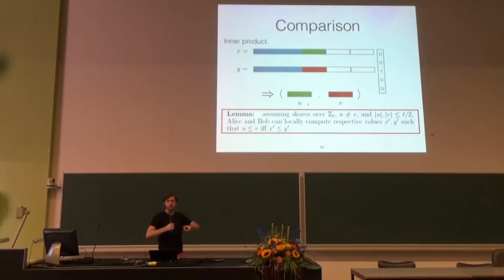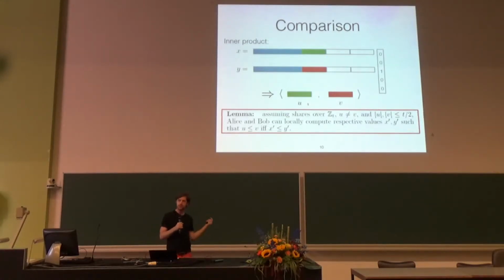We can do that because we choose the modulus in our OT protocols. And if we can also ensure that u and v will be different, which will be the case if and only if the input strings are different initially, then there is a local procedure with no interaction whatsoever, which converts u and v into strings x prime and y prime, so that x prime is lower than y prime if and only if u is lower than v.